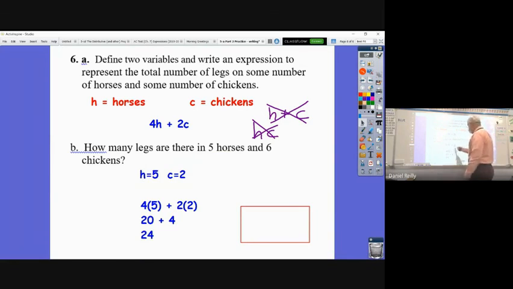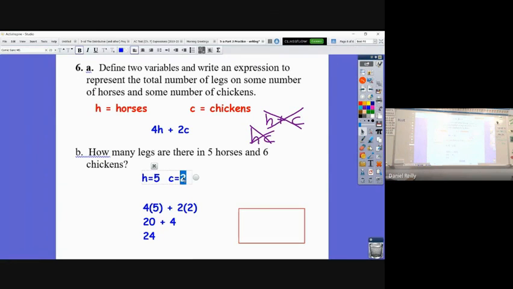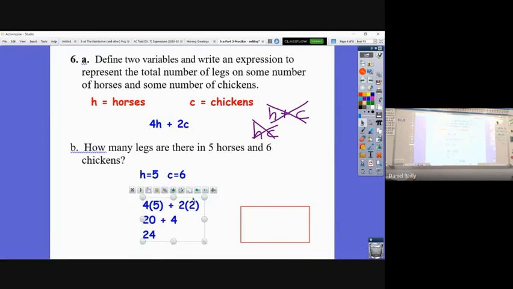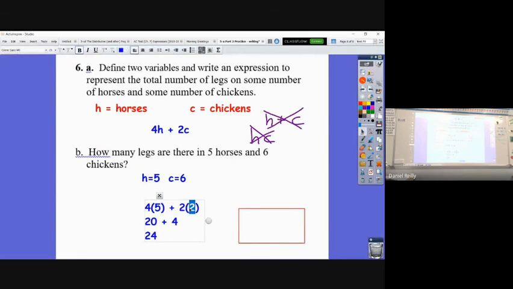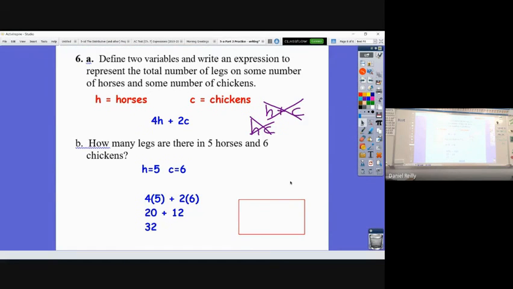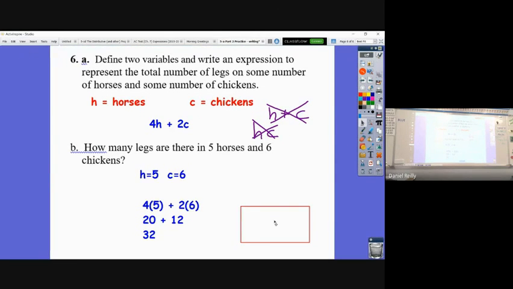I even wrote here that C equals 2. I don't know why I was not reading the problem correctly. C equals 6, which means this should be 6, this should be 12, this should be 32. And under the box, it says 24, but I'll change it to 32.